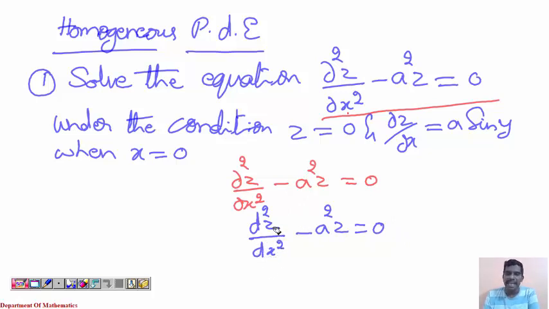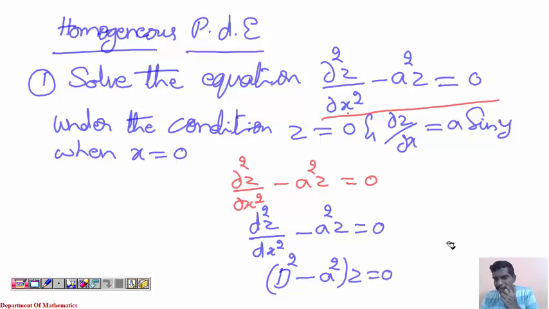As we have done in chapter 2, this equation can be written as (D² minus a²) z, which is equal to 0, where the capital letter D is nothing but d/dx. Since it is only one independent variable, we are writing it as an ordinary differential equation.